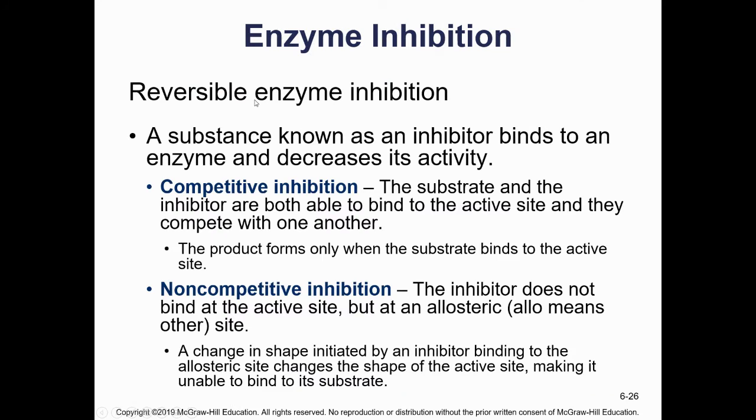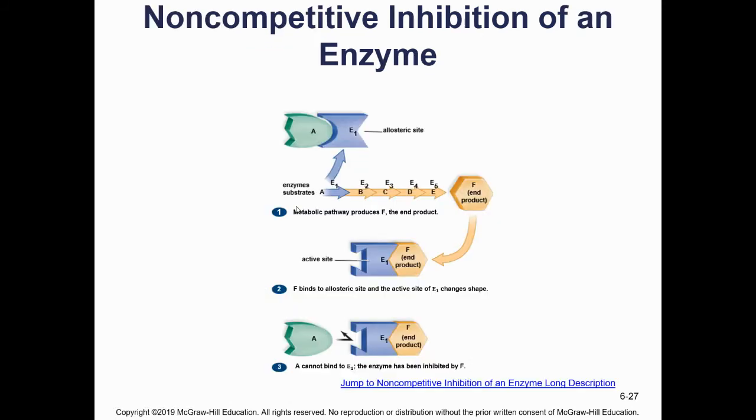So a competitive inhibition is when the molecule that inhibits or stops the enzyme from acting is the same shape as the substrate, so it binds to the active site. Once it's bound to the active site, the enzyme can't do its job anymore.